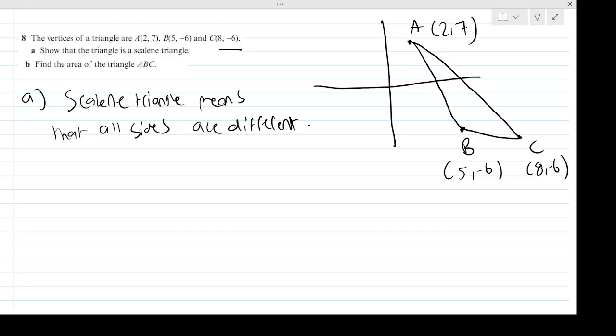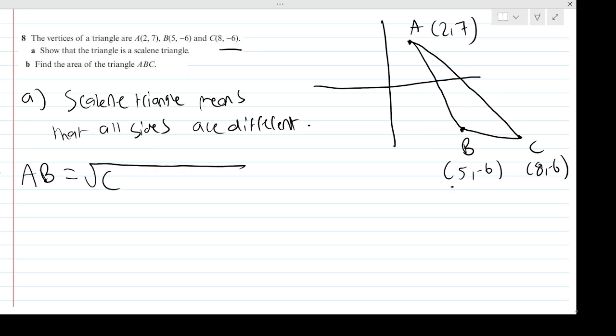So firstly, the distance between A and B. Let's call that AB. So firstly, the length of this line here, of AB. Well, that's just the square root of the change in x and change in y again.